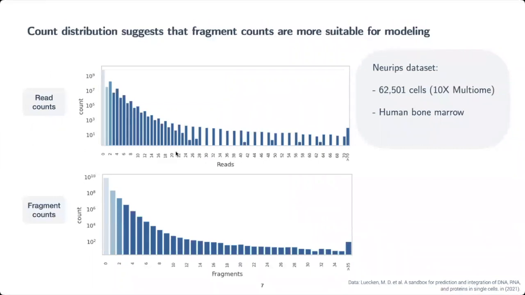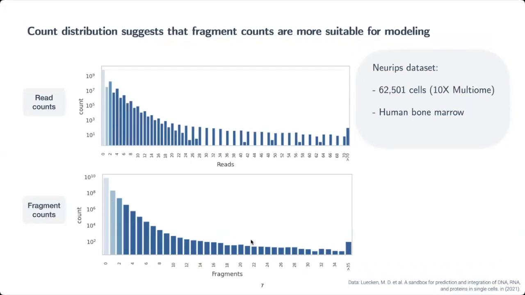Here I'm showing one of the data sets that we looked at, which is generated using the 10x platform. If we employ the read count strategy, we see this weird distribution where you get more even than uneven counts. Whereas if we look at the fragment counts, we don't see this.